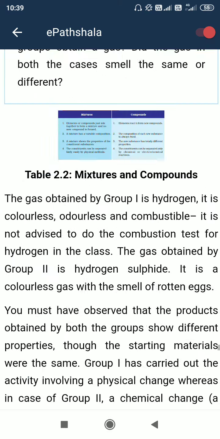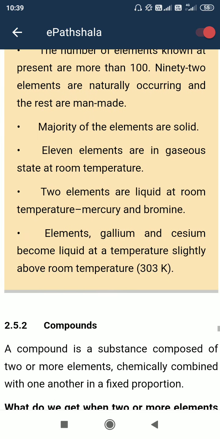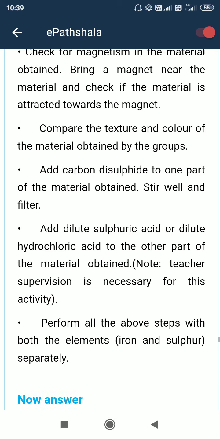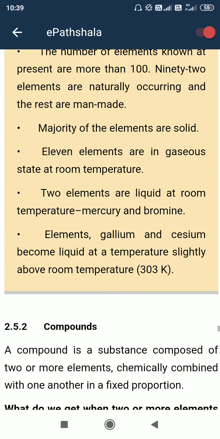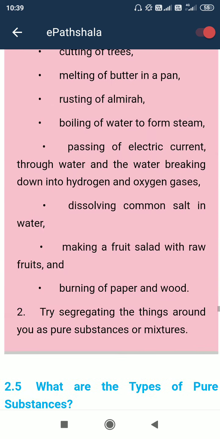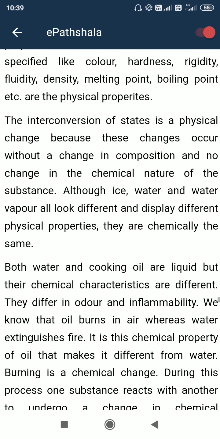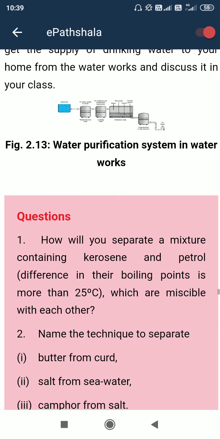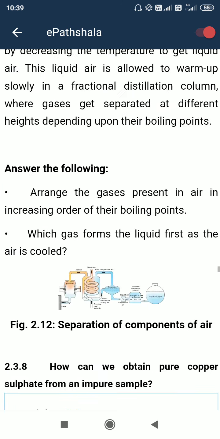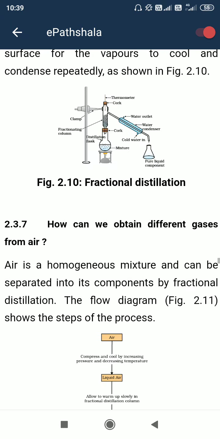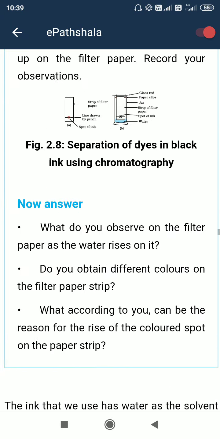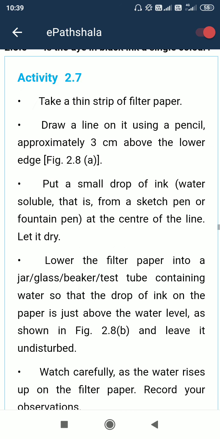So one thing, chromatography, I need to cover. Where is it? Just for a minute. Wait. Elements I have discussed. Oh, okay, so this one.